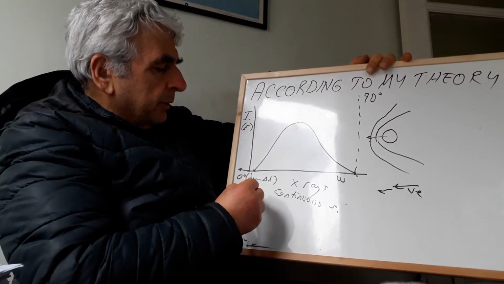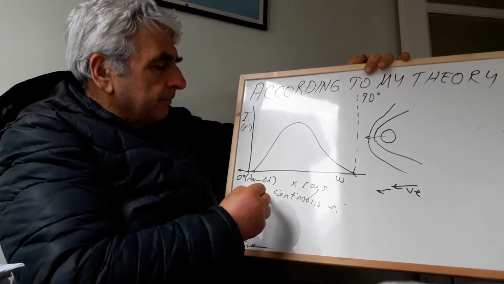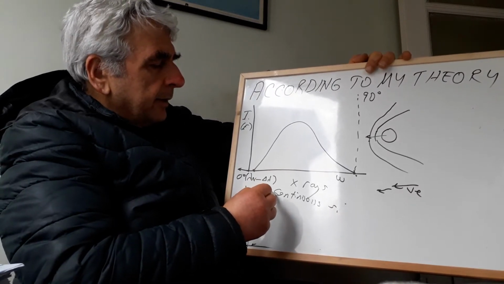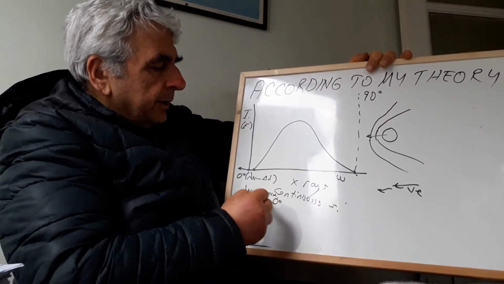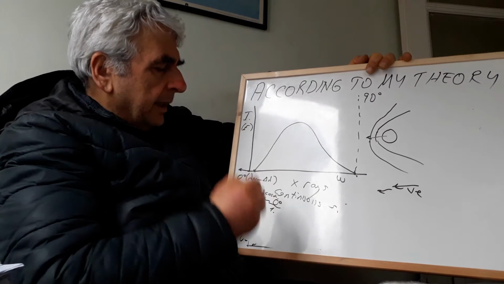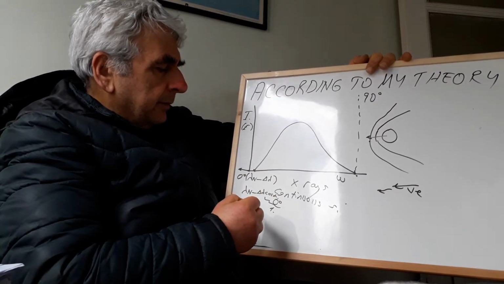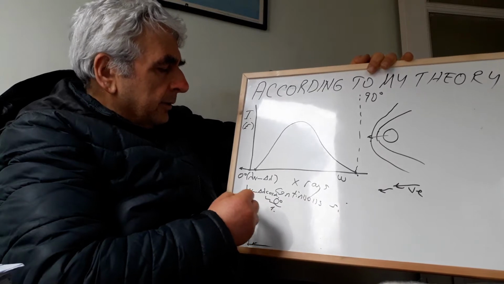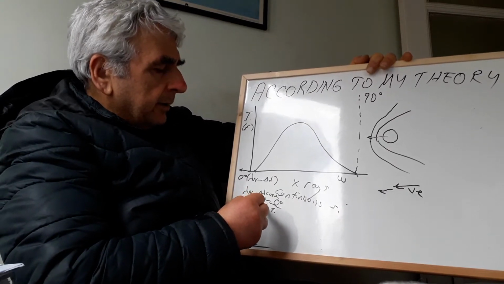This was my formula: lambda n minus delta lambda cosine alpha. Cosine 0 degree equals 1. Because of that, lambda n minus delta lambda.